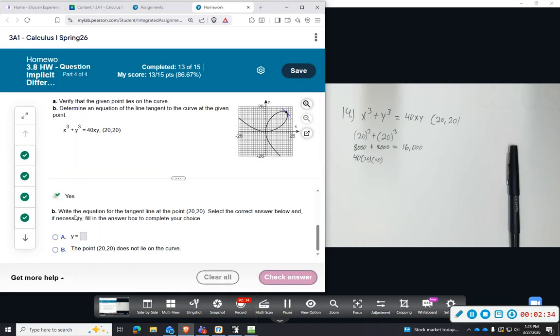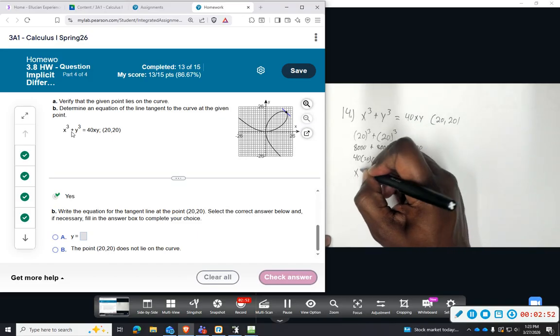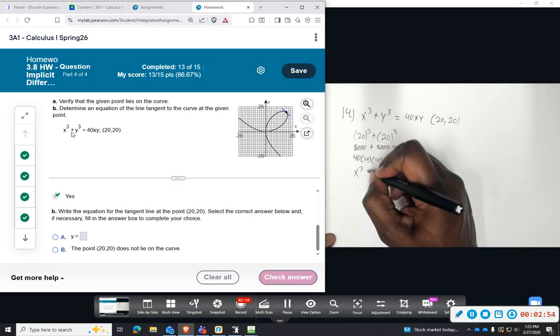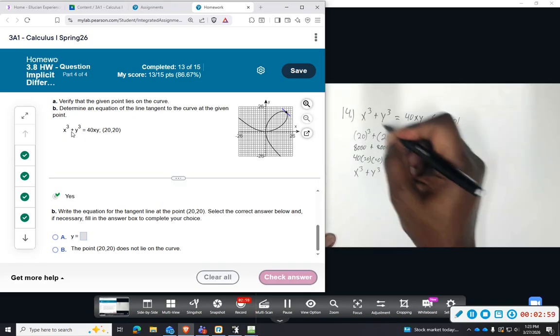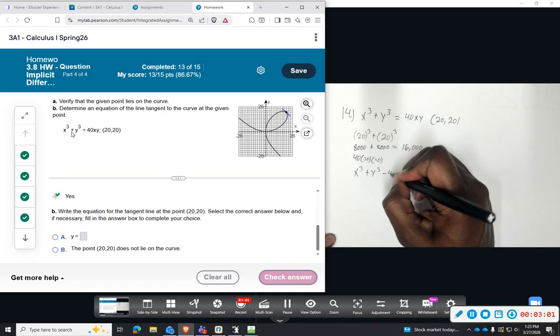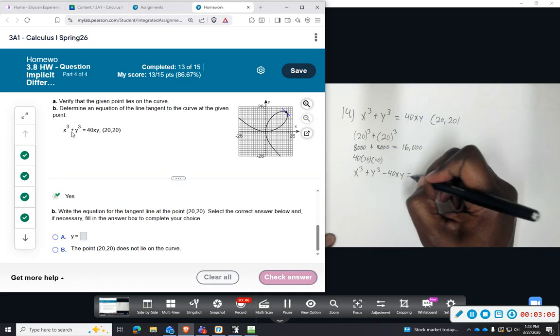And so now we want to write the equation of the tangent line at the point 20, 20, and we're going to select the correct answer below. So it says the point does not lie on the curve, which we just proved it does. So from here, we're going to find the derivative. And so I'm going to move everything to one side. x cubed plus y cubed, I'm going to subtract that over, so it's going to be minus 40xy equals 0.